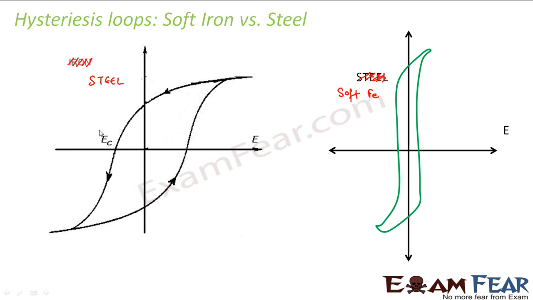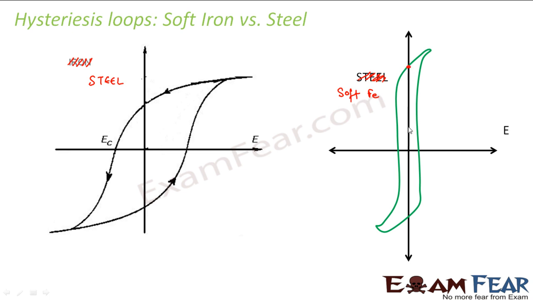So what does this indicate? What does this tell about the properties of these two different materials, steel and soft iron? Looking at the hysteresis loop of soft iron, we can see that the retentivity is very high here. What was retentivity?